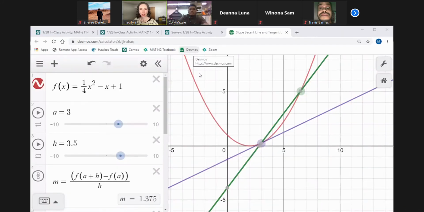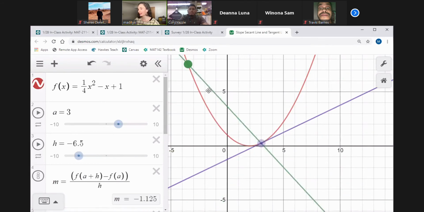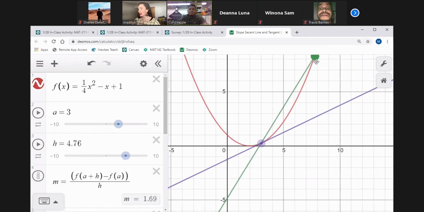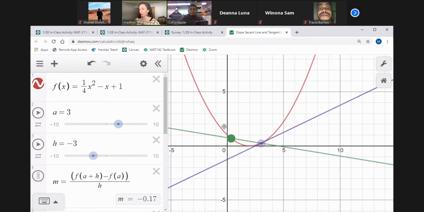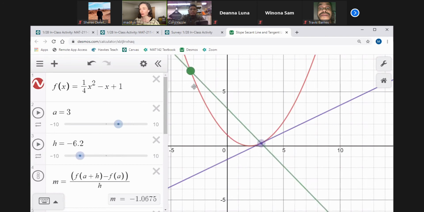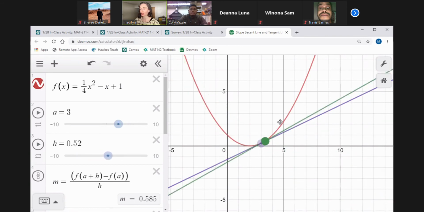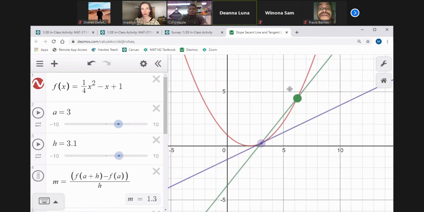Here is our graph. The first question was, if we move this green point around, what is the relationship between the slope of the secant and tangent in relation to how close or far the green point is to the purple point?